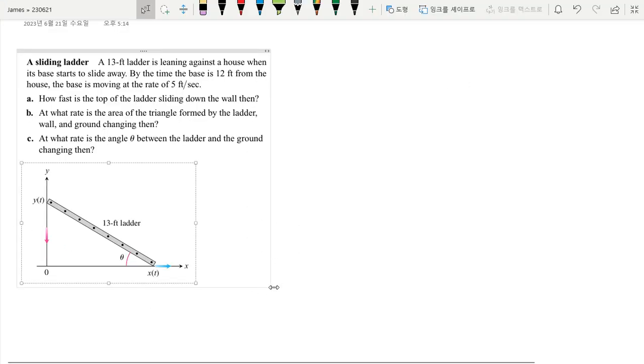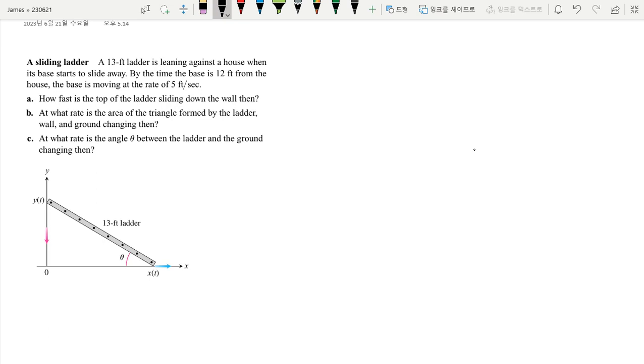And we want to find the rate of change in the angle between the ladder and the horizontal surface in this problem. And the length of the ladder is 13 feet. So we can first make the equation using the Pythagorean theorem. So x and y, because these make a right triangle.